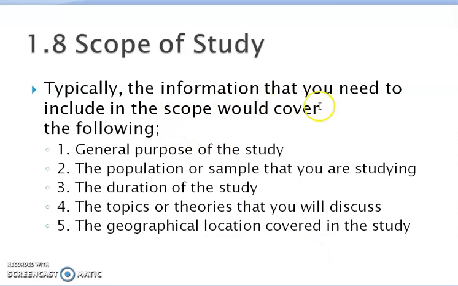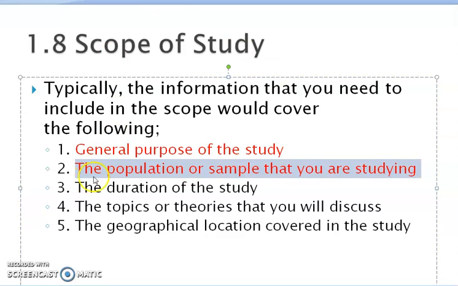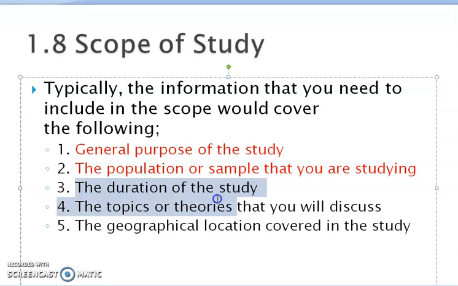Typically, the information that you need to include in the scope would be the general purpose of the study, the population or sample that you study, maybe your population or sample differs from the previous study, the duration of the study.